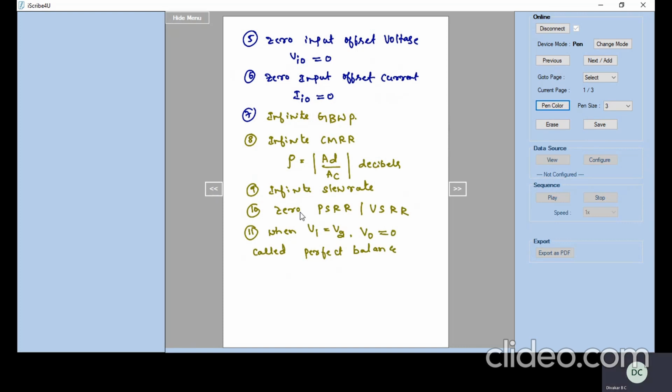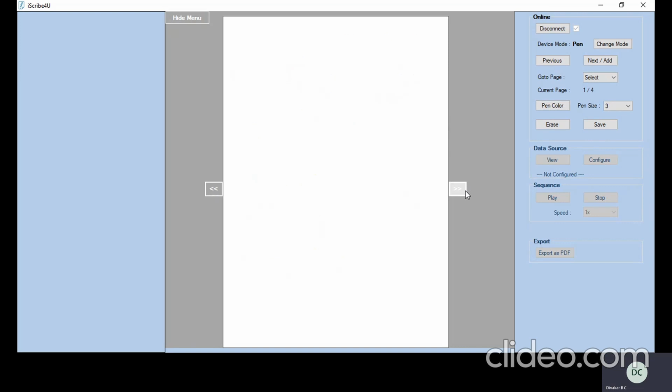So now let us consider the op amp parameters. First one, common mode rejection ratio, CMRR.